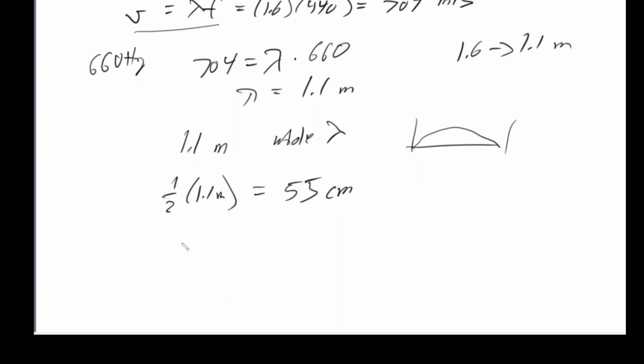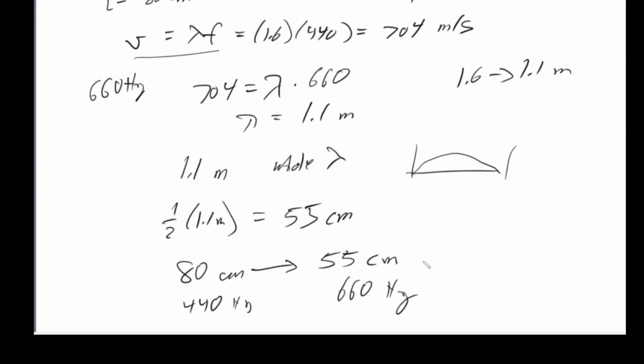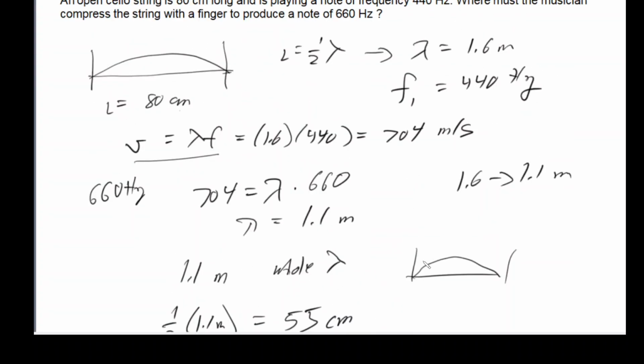So the player needs to take a string that was originally 80 centimeters long and compress it down to 55 centimeters to go from 440 hertz to 660 hertz. The main thing to note here is that when we talk about fundamental frequencies, we're talking about half a wavelength. So remember that.